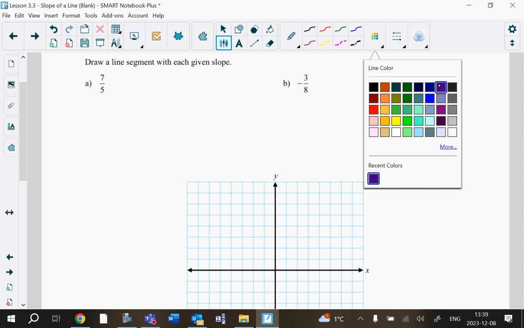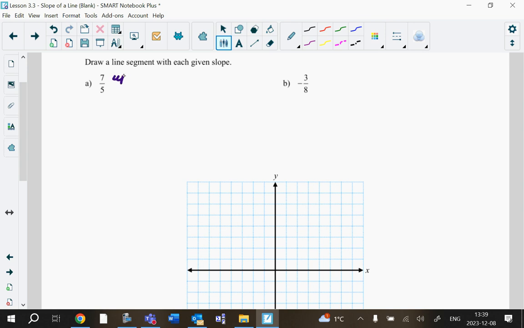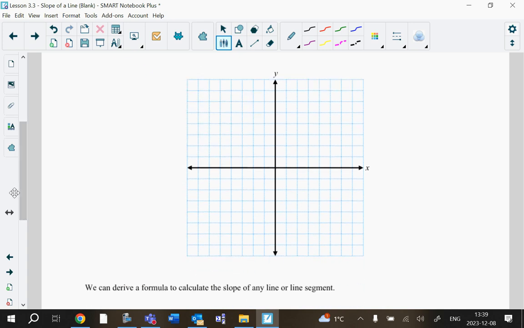So 7 up, 5 which way? Right. So pick a point anywhere on the grid that from that you can go 7 up and 5 to the right to get a second point. So probably start down here somewhere, because if you start up here, you're going to go off the grid.